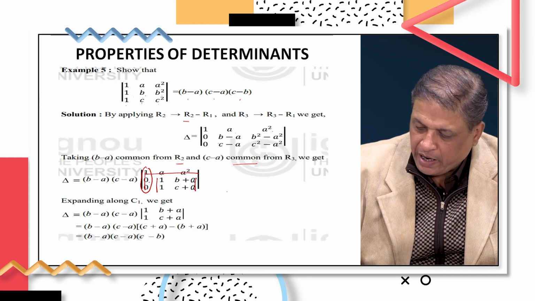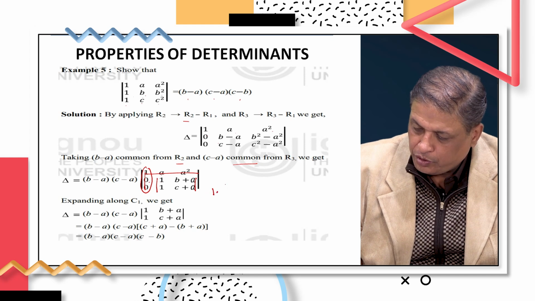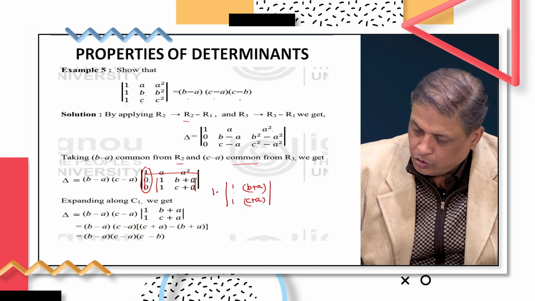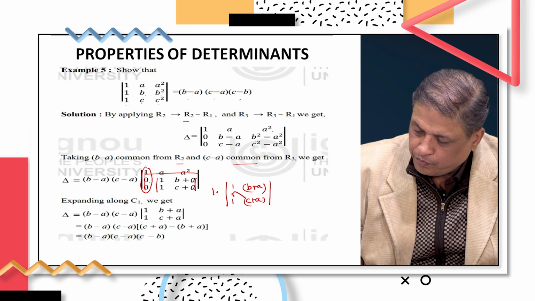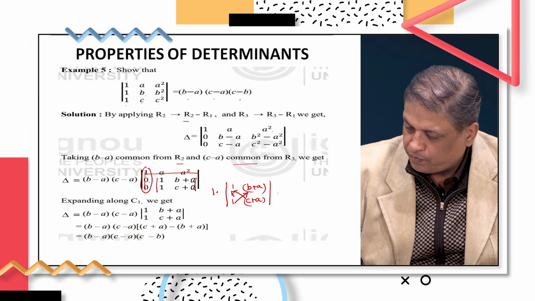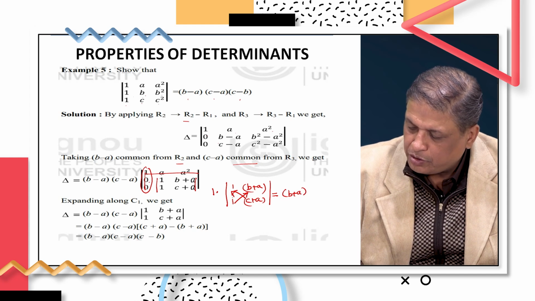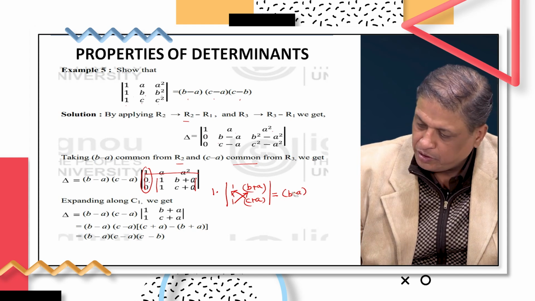So we will be having 1 into the determinant b plus a, 1, c plus a. Solving this determinant, this into this minus this into this. So, just wait for a moment.